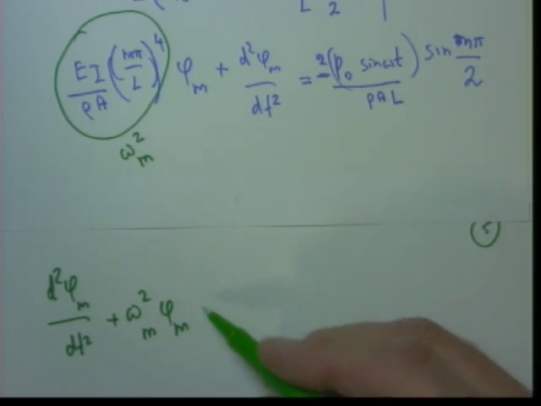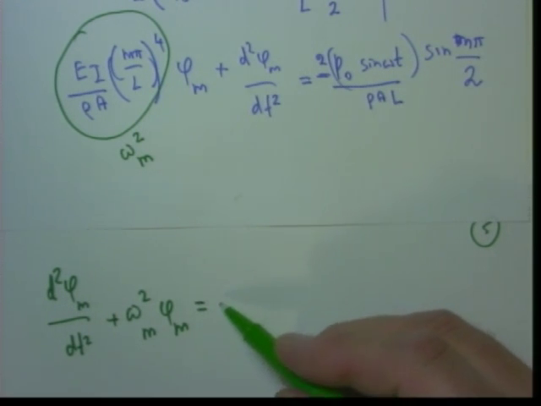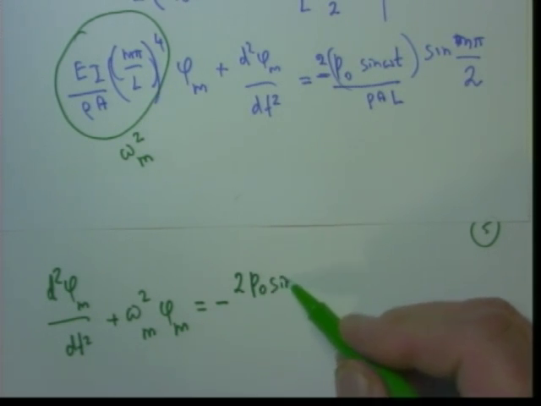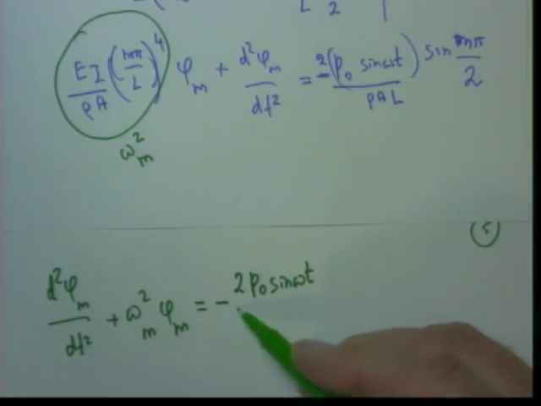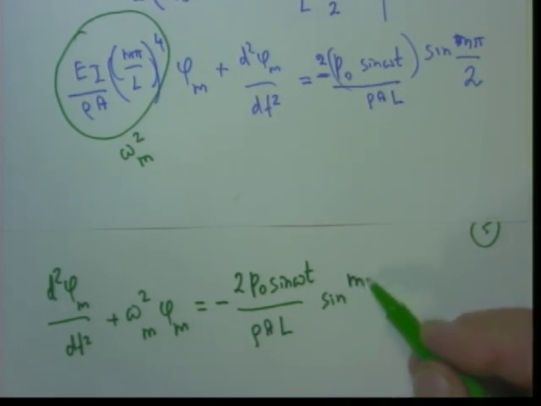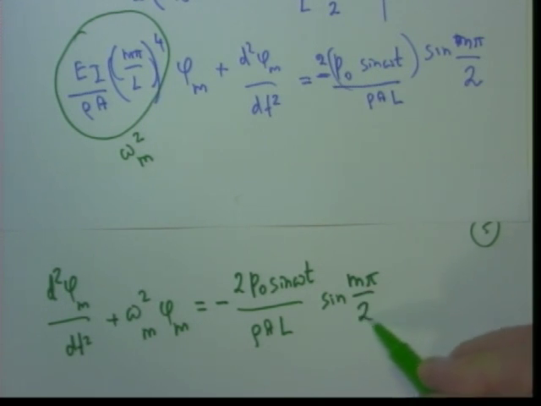Okay. Now this equals minus 2 p sub 0 sine omega t over rho A L, sine m pi over 2.